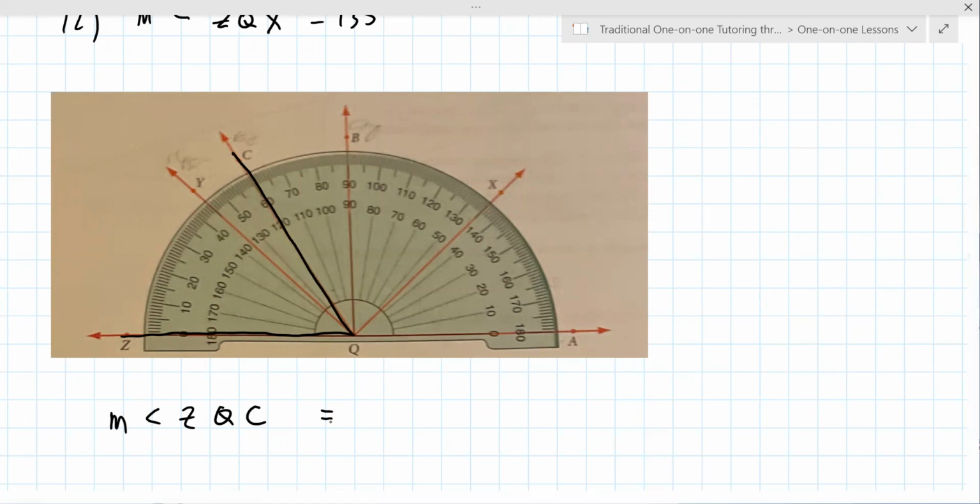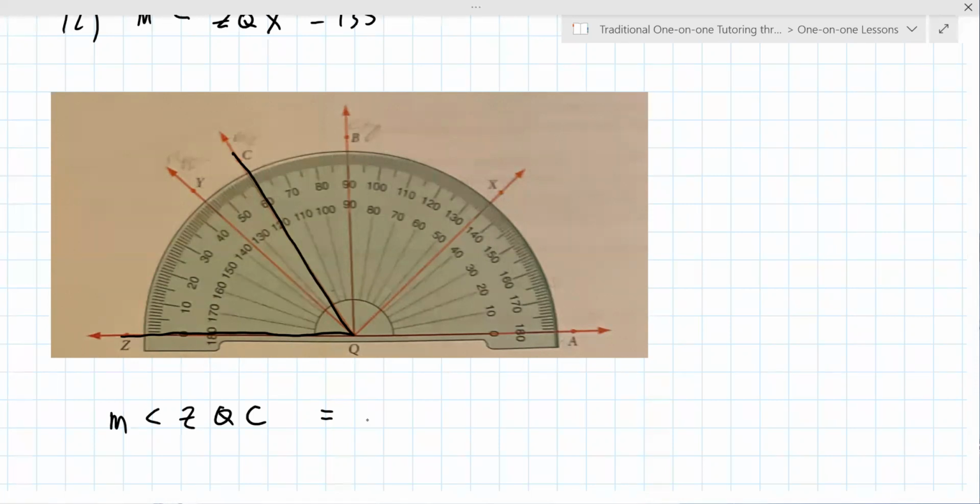So that right there, it measures 120 degrees. It's an acute angle, so it has to be less than 90. Okay, it's 60 degrees.